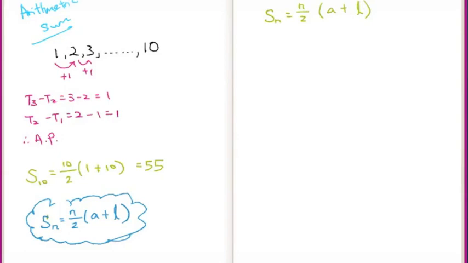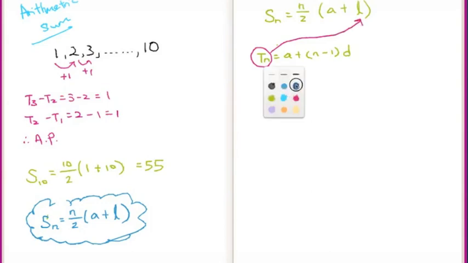In our previous page, we have Tn equals a plus (n minus 1) times d, because you will always know the first term and the common difference. If you don't know the last term, then you may substitute Tn, the nth term or the last term, into here.